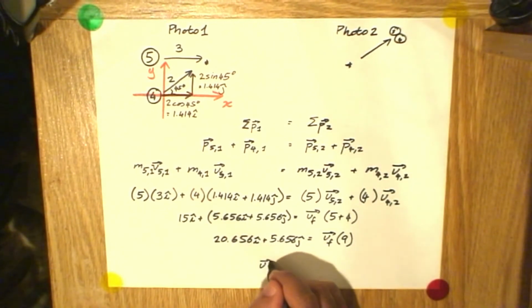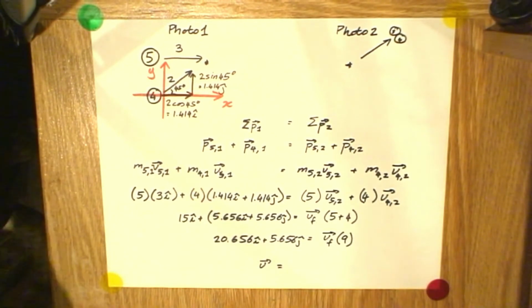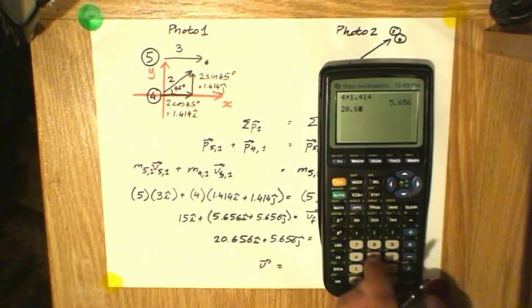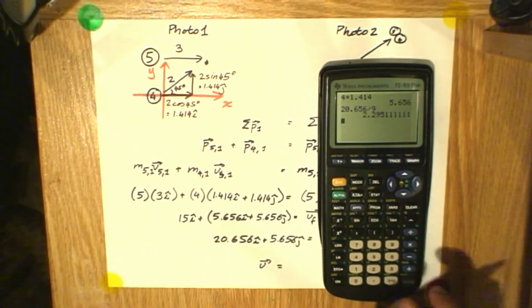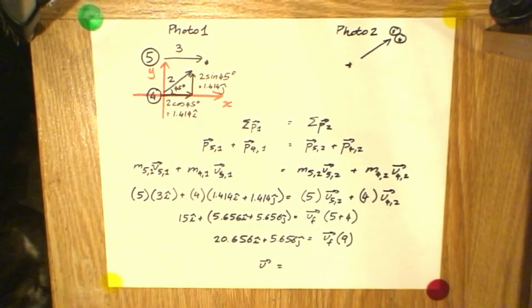Finally, we just need to divide both sides by 9 to find out what that final velocity is. So 20.656 divided by 9 gives us 2.295. Let's call that 2.3.